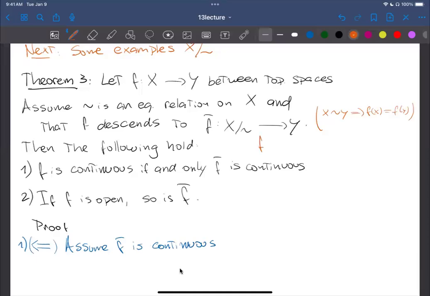So f is first go to the quotient and then do f bar. So f is this composition. Now, we know that the quotient map is continuous. So if we assume f bar is continuous, the composition will also be continuous. So let's write that. Since f is a composition of continuous maps, it needs to be continuous.